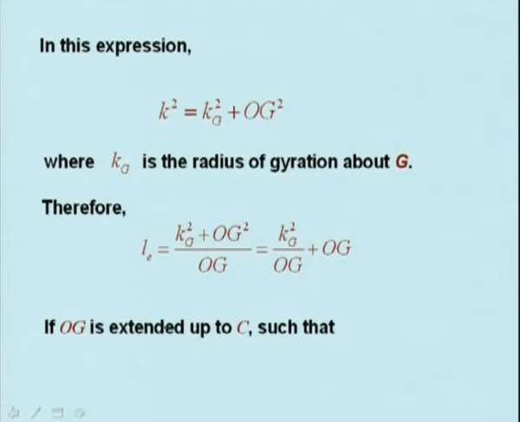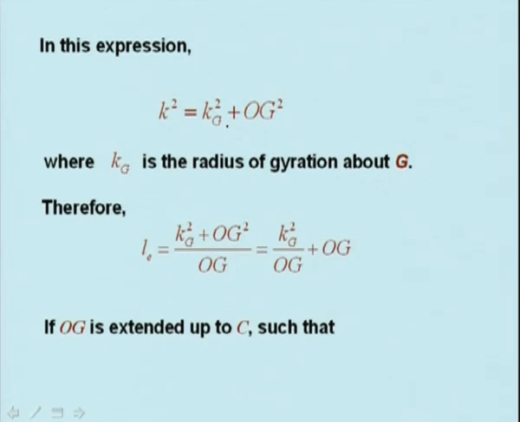In this expression, K square is the radius of gyration about the fixed point O, which is equal to kg square plus OG square. This comes from the parallel axis theorem.